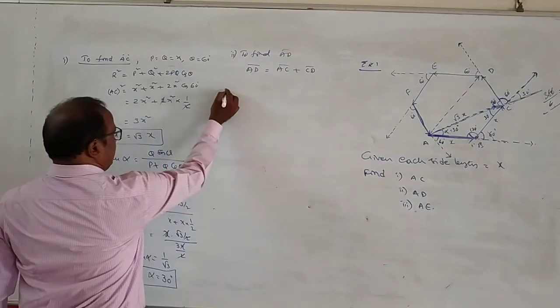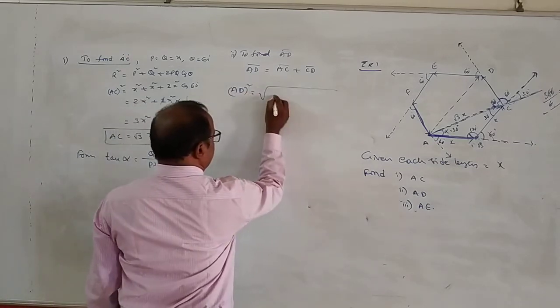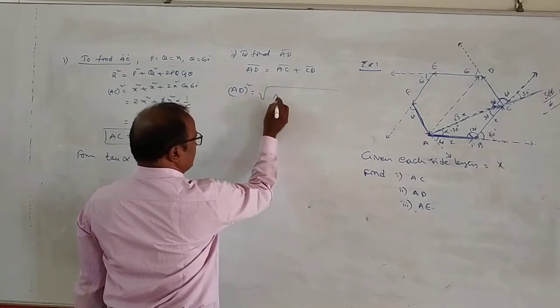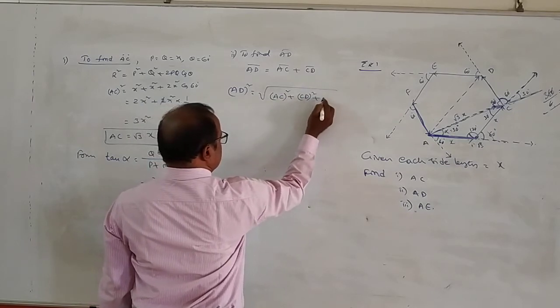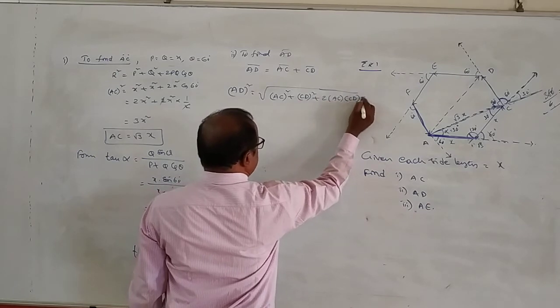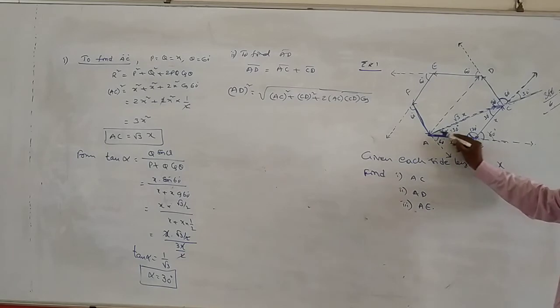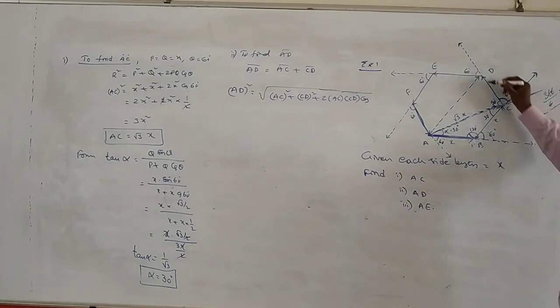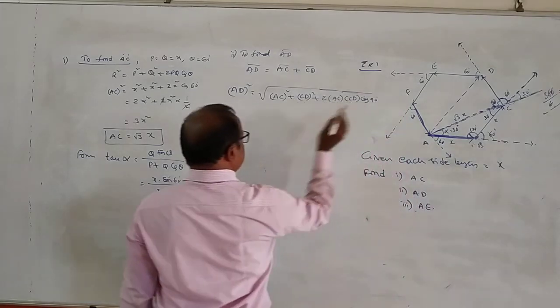Then AD square is AC square plus CD square plus 2 AC into CD into cos of the angle between AC and CD. This is AC, this is CD, and the angle is 90. Cos 90 is equal to 0.